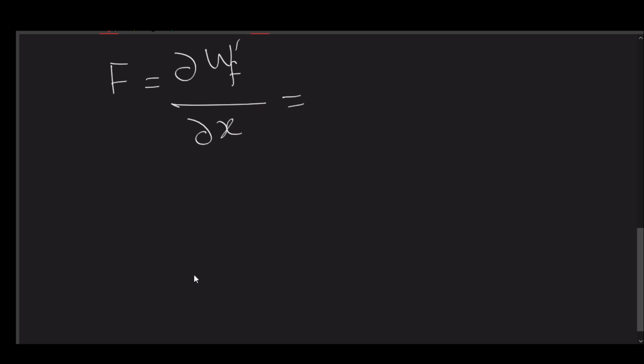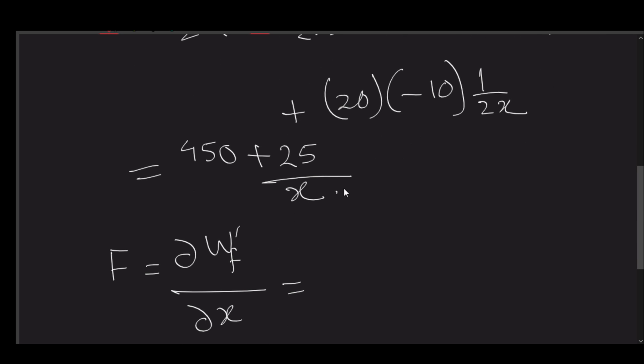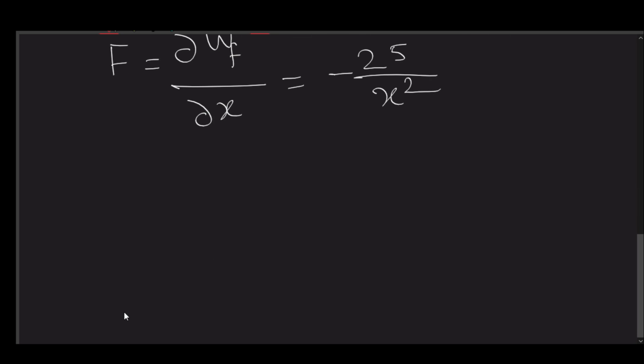If you take del x of this, it will give you the force. Now, the mechanical work done if x changes from 0.5 to 1 meter. So basically the same thing: how to find out the mechanical work done when your force is varying.